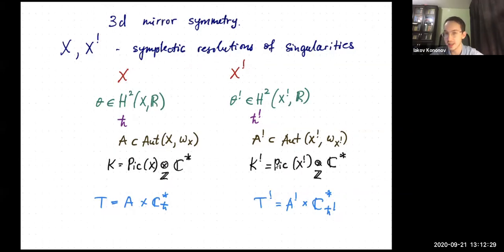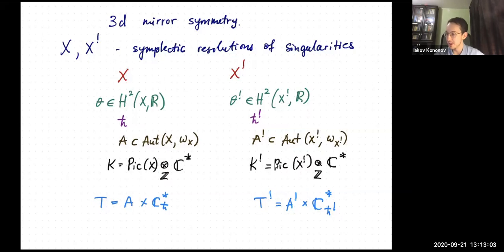For a variety X, the resolution of singularity is controlled by a real parameter theta in the second cohomology of X. Also, we have a torus acting on X. I denote by A the torus preserving the symplectic form. And I also introduce a one-dimensional torus C star H, which scales the symplectic form by H.